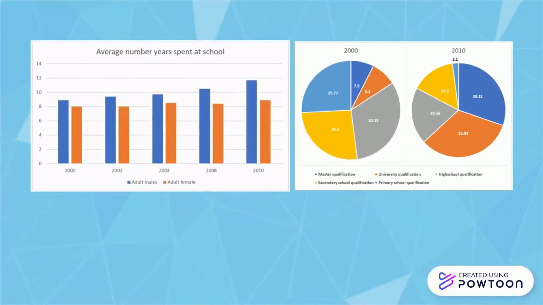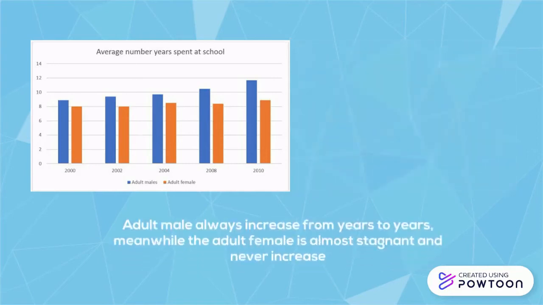As you can see, guys, from this picture, the first picture and the second picture show us that the percentage of adult males always increased from year to year. Meanwhile, the adult females are always stagnant and never increase.